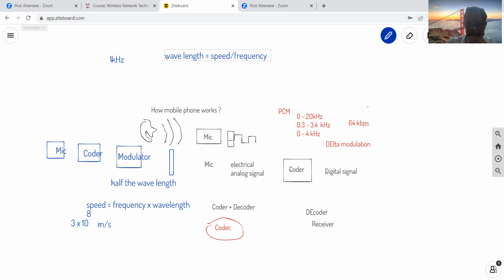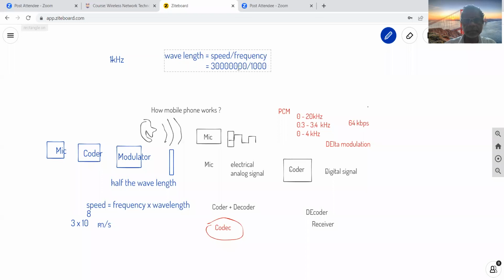Then what is the wavelength here? Can somebody calculate and tell me? Three into 10 to the power 8, that is 8 zeros, divided by 1 kilo, 1 into 10 to the power 3, that is 1000.